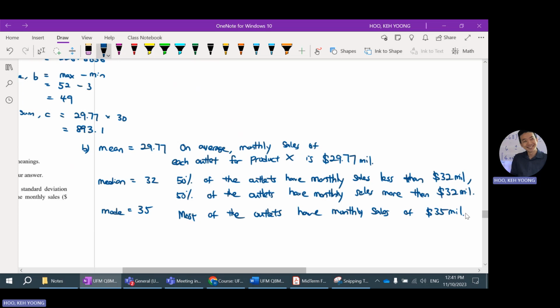Most of the outlets have sales of 35 million. That's the meaning of it. Any questions?